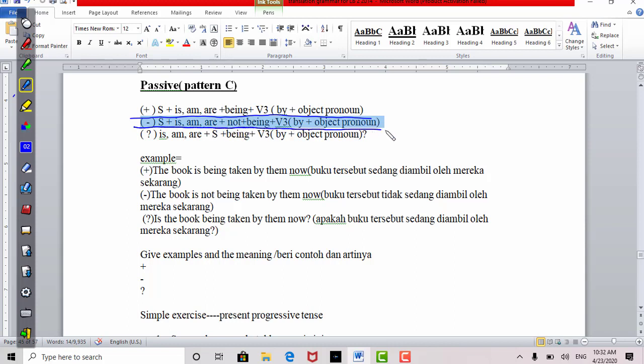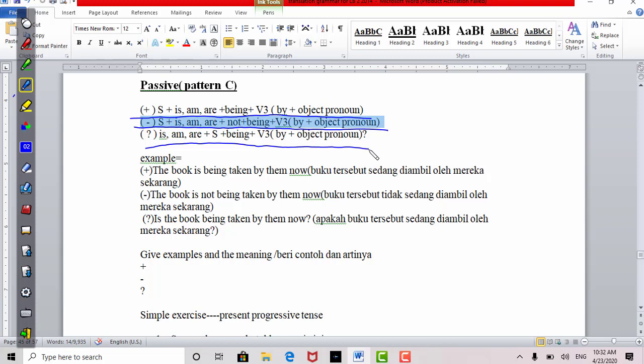And the last one, the question, is is/am/are plus subject plus being plus verb 3 plus by plus object pronoun. This is what we will use in present progressive tense. In pattern C, it is always verb 3.